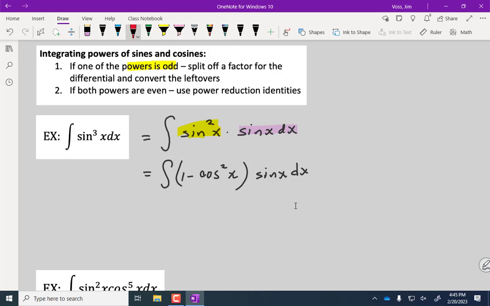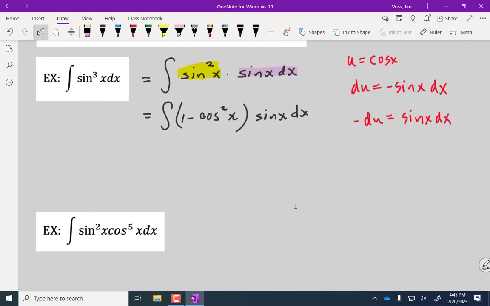So we convert the leftovers. We let u be cosine. du is minus sine x dx. And if you want to, you move the minus over, if you want it to match exactly, because that's how you are. So now it matches exactly, so we're going to replace that part with minus du.